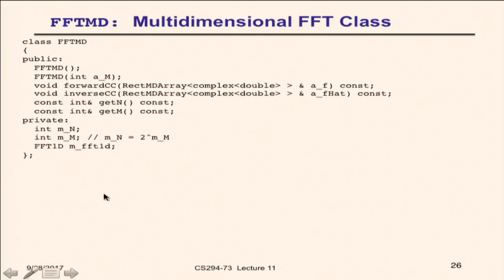Now, what does this have as member data? I have m sub n, n sub n, and then I have a member data which is an object of type 1D FFT, because that's the way you do multidimensional FFTs. You apply the same 1D FFT over and over again to pencils of data.